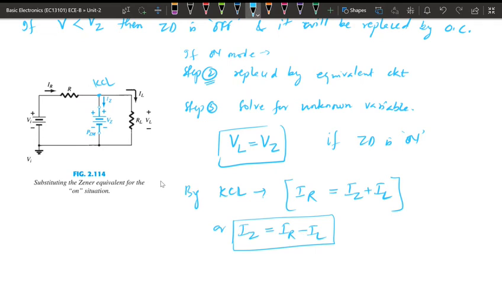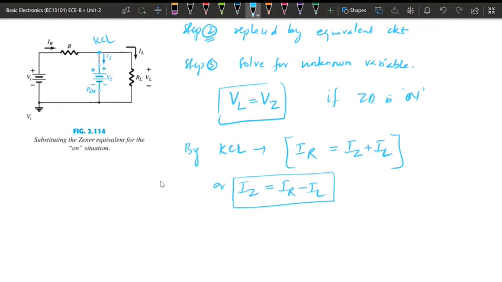Once we know the VL value, we can get IL. So IL will be equal to VL divided by RL. The IR value will be given by the voltage across this resistor, VR, divided by R. So once we know IL and IR, we can get the IZ value.